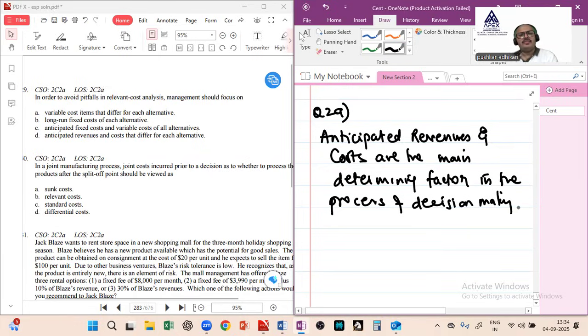I am not saying that differential costs are not important. I'm not saying that relevant fixed costs are not important. They are important. But what is the most important? The most important is anticipated revenues.